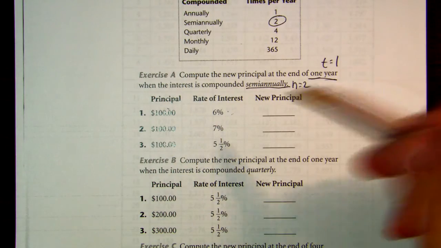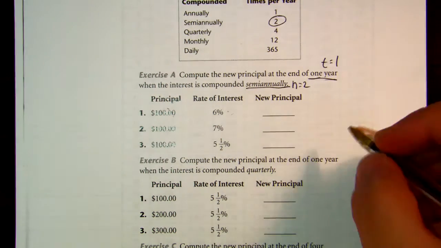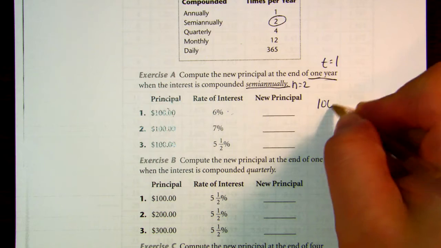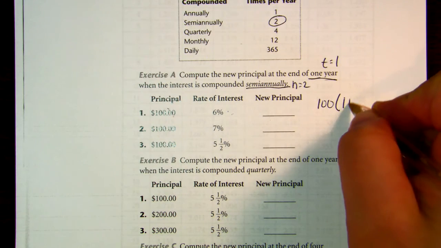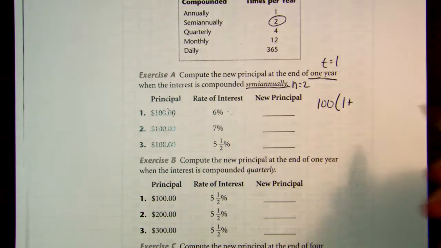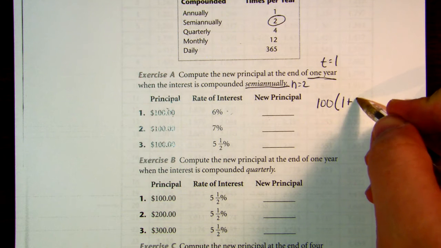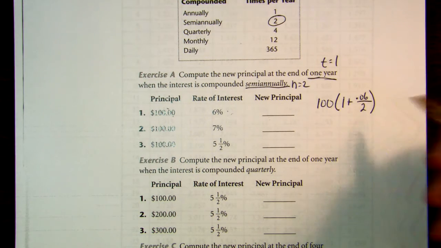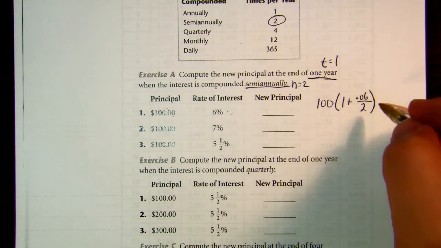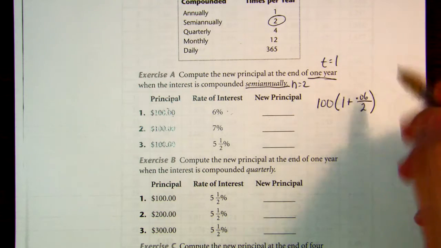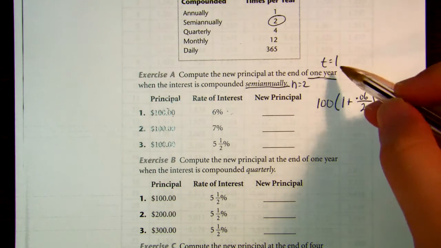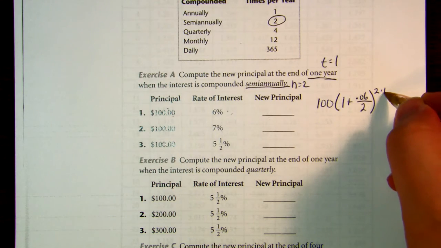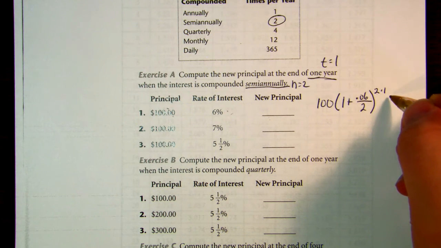Now we use the formula. So here it'll be 100 times 1 plus the percent or the rate, 0.06, over our N, which is 2, to the NT. Our N again is 2, our T is 1, so we know 2 times 1 is just 2.